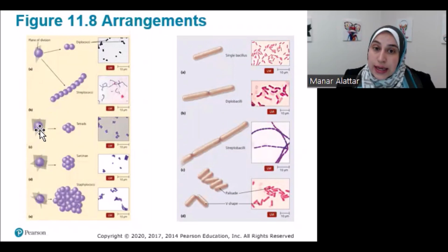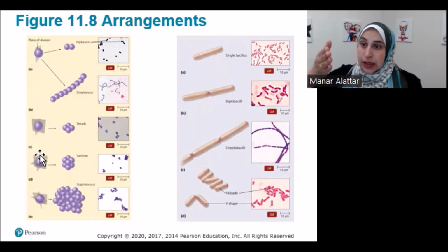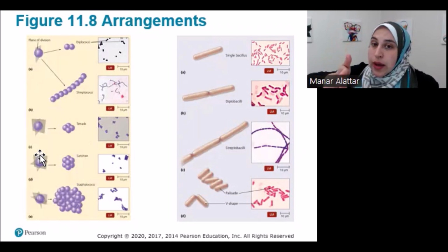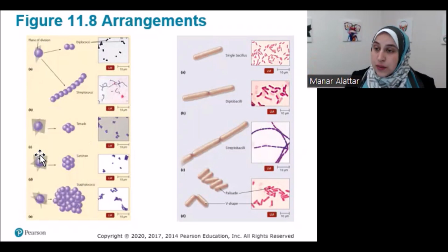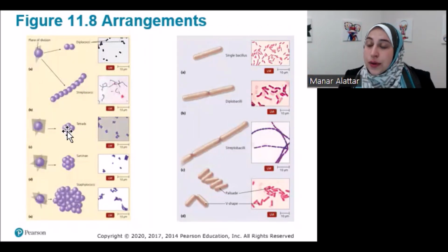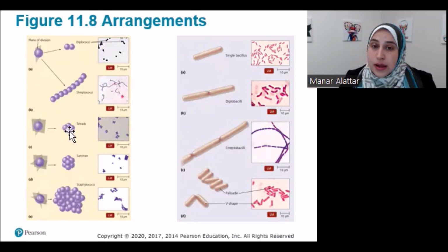Now, in this case, with B here in this image, instead of dividing again along one single plane, we have the organism dividing along two planes. And again, that's unique to the species or group of organisms. And in that case, instead of starting out with a diplococci, that then leads to a streptococci arrangement, we're actually going to start off with tetrads, so a group of 4 cells together. So for example, Micrococcus luteus, which we work with in the lab, produces tetrads, okay?